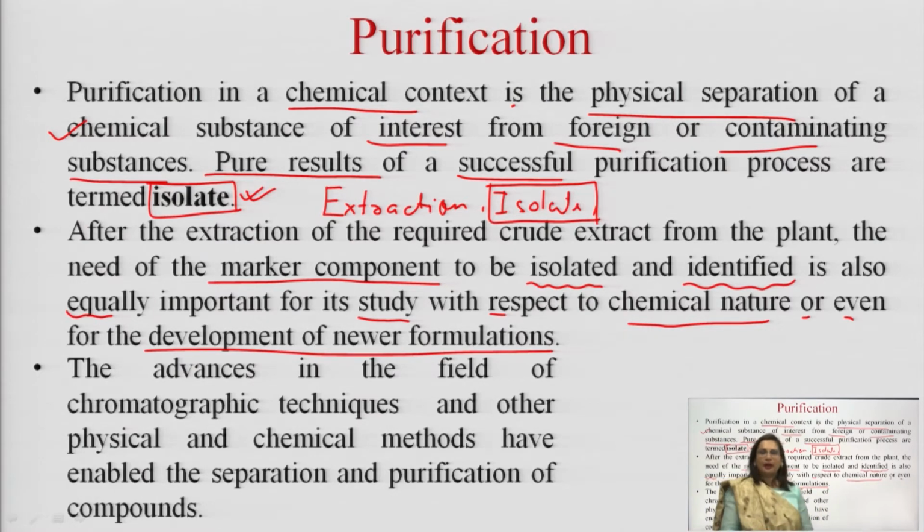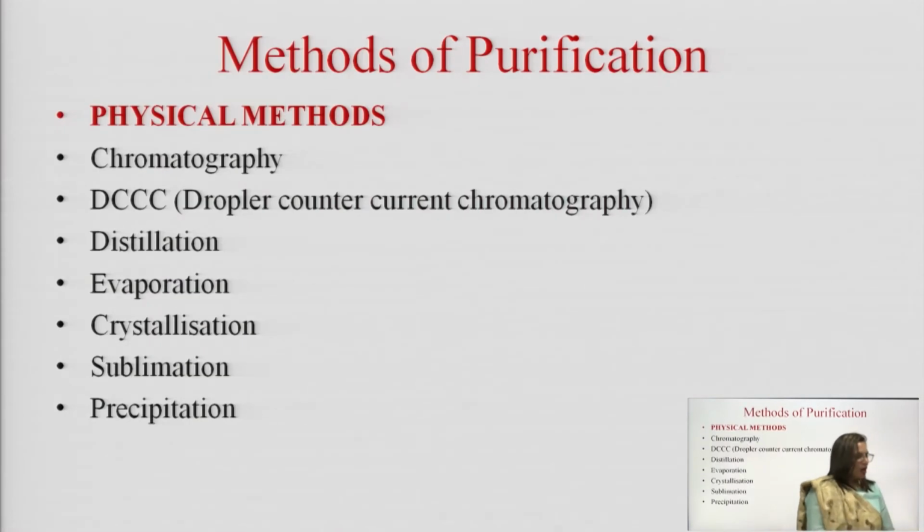So this particular method is highly important to achieve this goal of isolating markers, identifying them, and to utilize the isolates for the various formulation development methods. The advances in the field of chromatographic technique and other physical and chemical methods have enabled the separation and purification of the compounds.